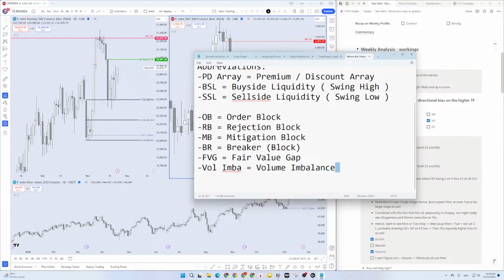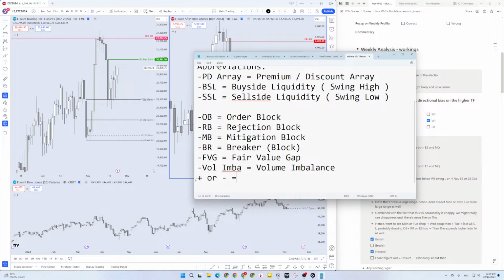Now, if you see on my screen, you usually don't see just OB, RB, MB. You usually see a sign after that. I'll usually use a plus or minus after each of these letters. So what does each of these mean?